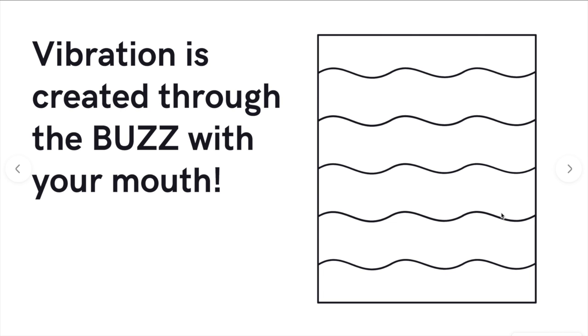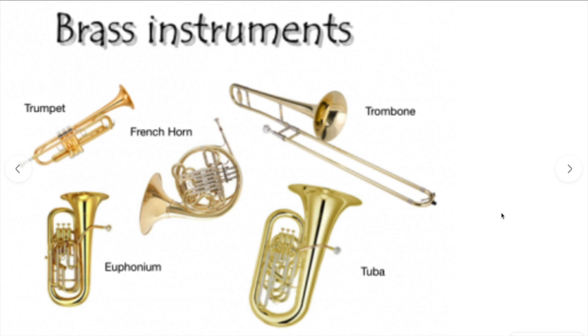Our brass instruments are trumpet highest, next highest would be French horn, then trombone, euphonium, and tuba. Euphonium is just like a very small version of the tuba. It's a little baby tuba.